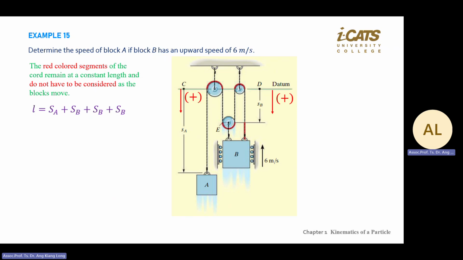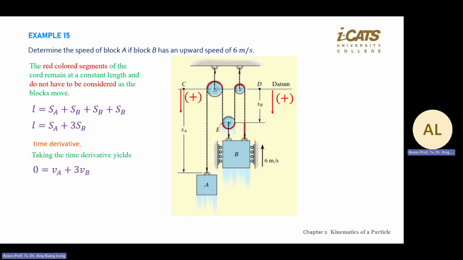This can change according to the question, but what is important is to find the total length. Once you have the total length, you time differentiate it. So L becomes 0, dL/dt is 0. Total length doesn't change. SA becomes VA, SB becomes VB, SB becomes VB, SB becomes VB. So you have this equation. Then you time differentiate again, you get this one.